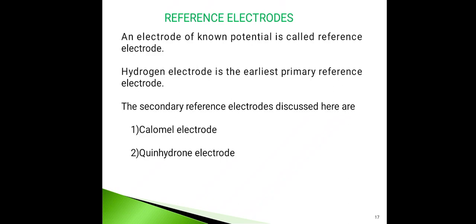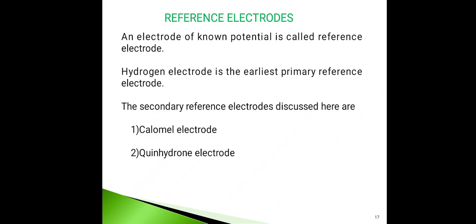A reference electrode is an electrode with a known electrode potential, which is used to determine the electrode potential of an unknown electrode by comparing it with the reference electrode. That is a very important definition, the definition of a reference electrode. Now the hydrogen electrode is the primary reference electrode. We call it the standard hydrogen electrode.